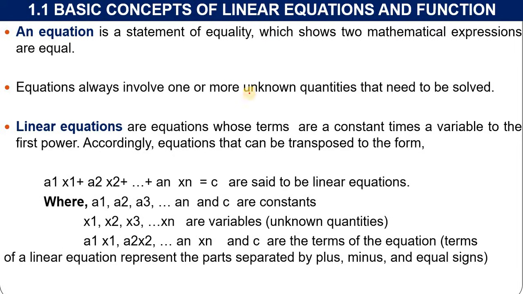An equation can have many unknown quantities, meaning we want to solve for something. In the problem we solve, there can be many unknown quantities. For example, y is equal to x plus z minus 2. This is considered one equation. In this equation we have three unknown quantities, which are y, x and z.